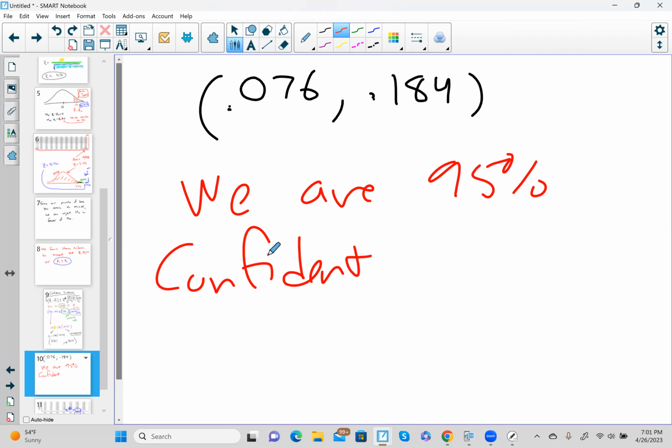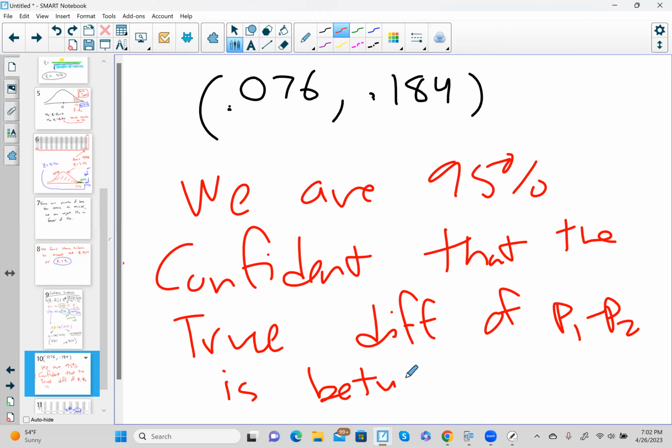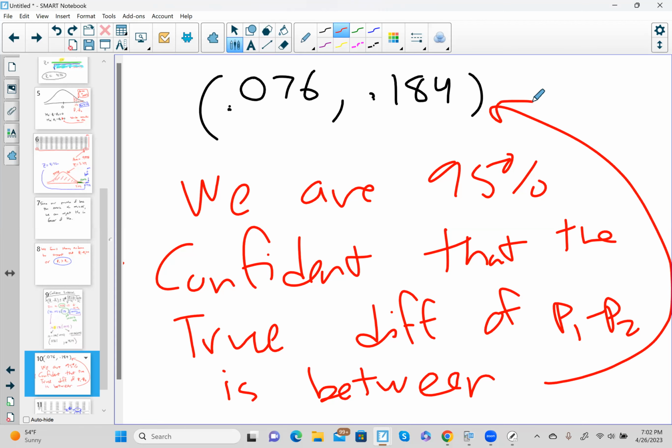We're 95% confident that the true difference of P1 minus P2 is between those two numbers.